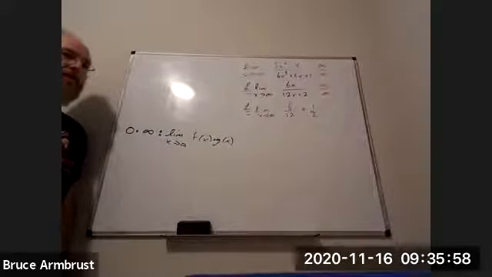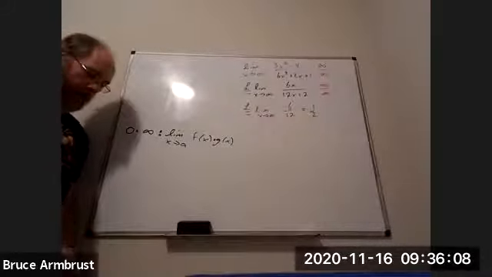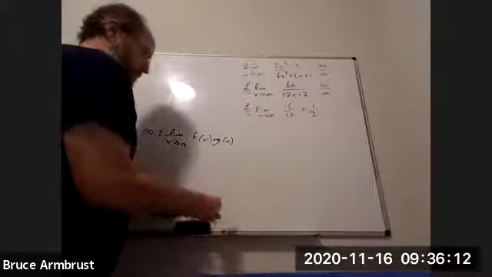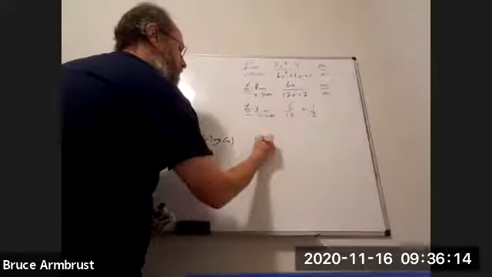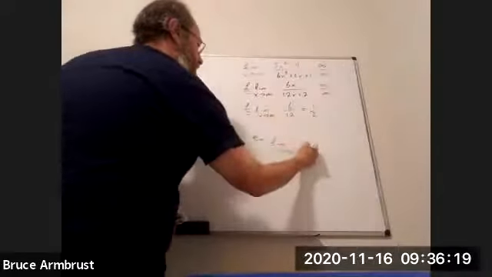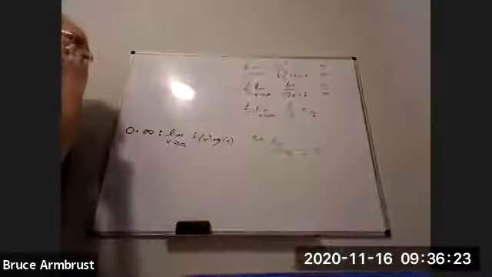Okay, so let me show you an example. What we're talking about would be something like the limit as x goes to infinity of 1 over x times e to the x.